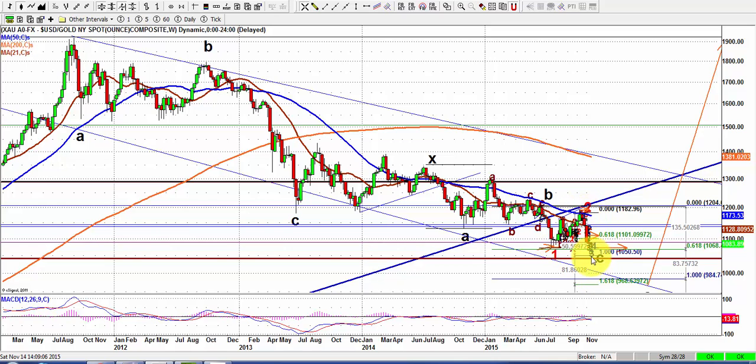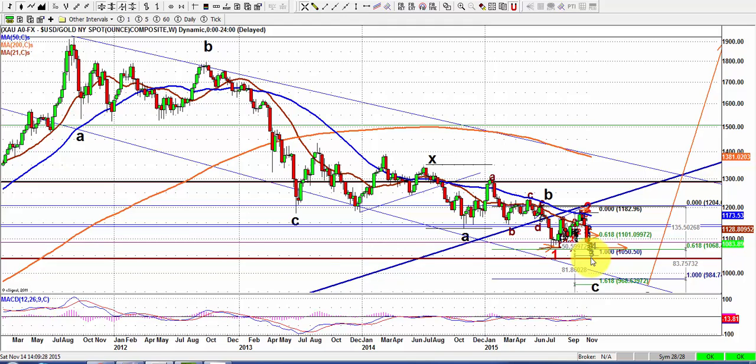The third on this scale, yes, if the third wave were to be equal to the first wave inside the C leg, let's not lose that, we are now down in a big C leg. That will take us to 1050. I don't think it's going to stop at 1050 because of the internal structure of what we are seeing here.